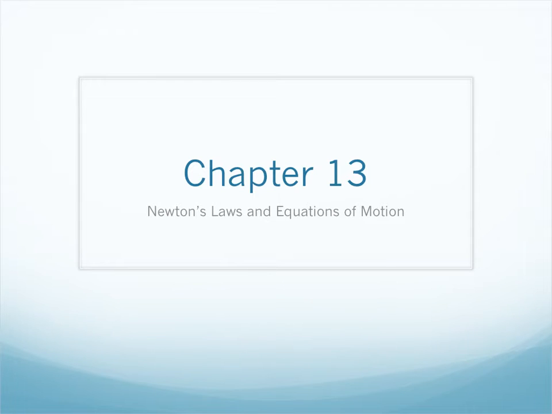Alright, so this is the third video in chapter 13, and I did the other videos last week, so I can't remember if I pointed out that in chapter 12, basically what we did is we found out about different ways to write acceleration. For instance, we looked at tangential and normal components, and we were able to express the acceleration using those two unit vectors.